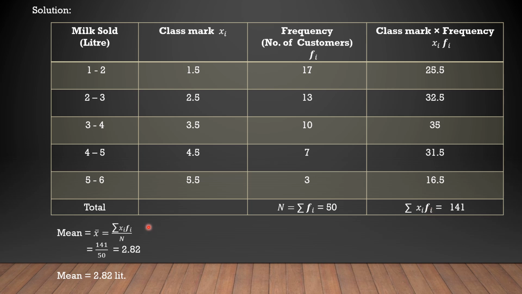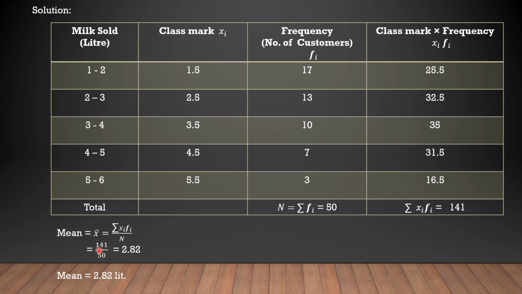Then we find the mean. Mean, x bar, is equal to summation of Xi Fi by n. So summation of Xi Fi is 141 and n is 50.